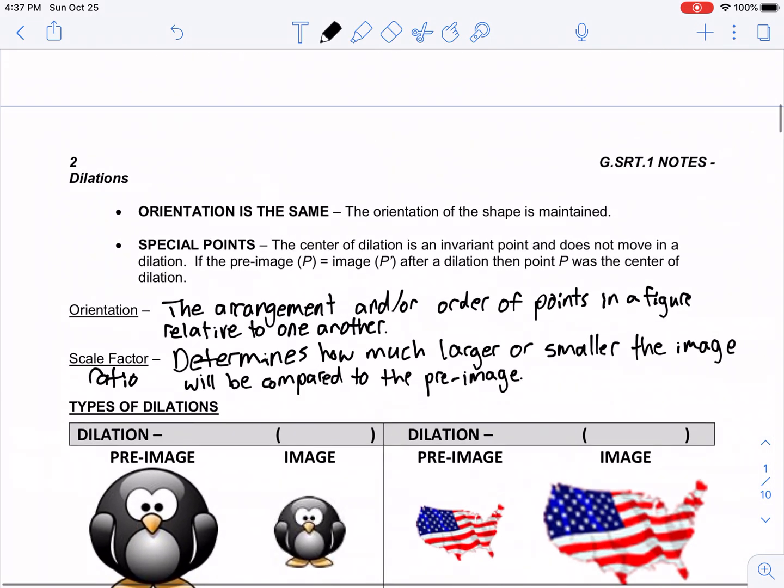So the scale factor tells us how to scale things from the original image.